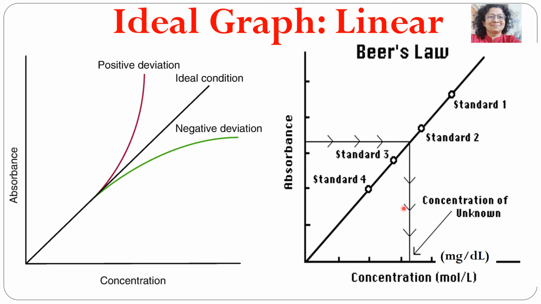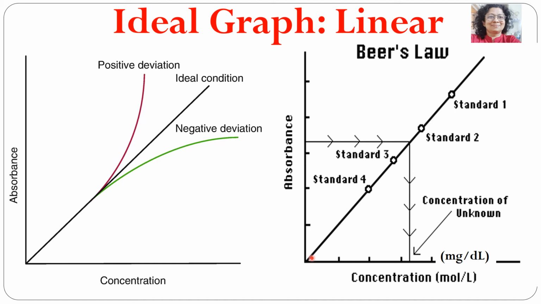Now, after having carried out the verification of Beer's law, we use standards of known concentration. Like we make a stock solution of very high concentration, and then we dilute it into smaller concentrations and then plot a graph.